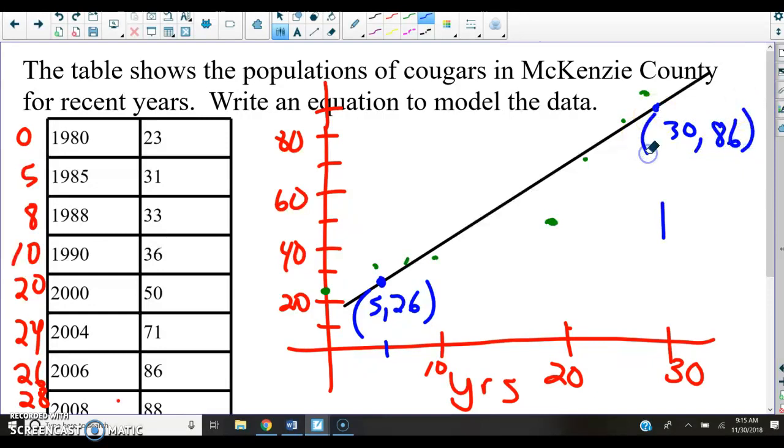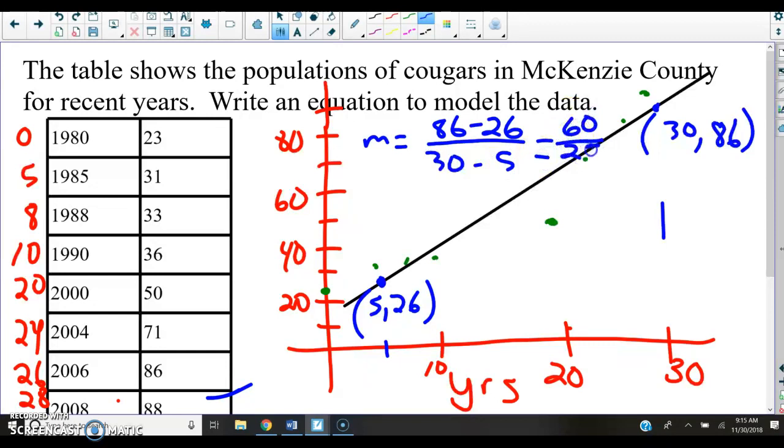I know it's 30, 88, or actually that's pretty good, but we're just going to use that. And the reason for that, it's so much easier when I find my slope. 86 minus 26, remember difference of y's over difference of x's. So I'm going to get 60 over 25, which I can reduce. I can take a 5 out, 12/5. That's not too bad of a slope.